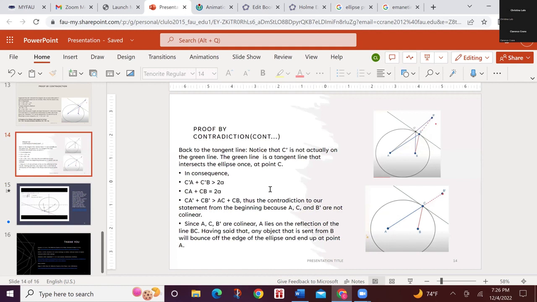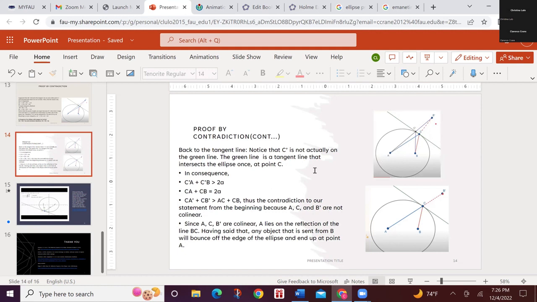Now, let's continue with the proof by contradiction. Let's go back to the tangent line, the green line. Notice that if you zoom in, you can see C prime is not actually on the green line.